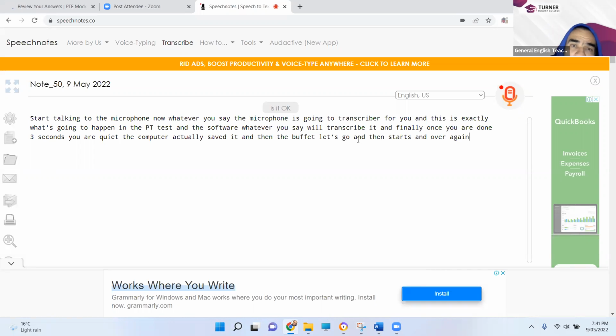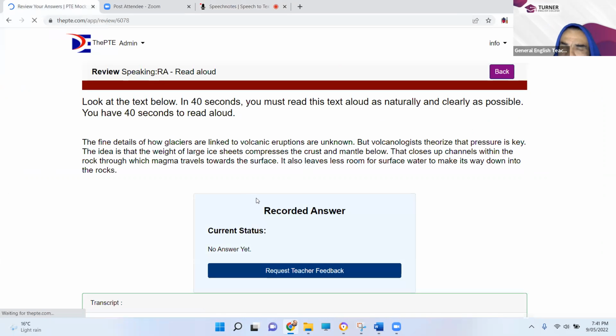Okay, now so what you can do is this. While you're at home, have this running in the background, and then you can start reading it. So for instance, let me first get rid of this.